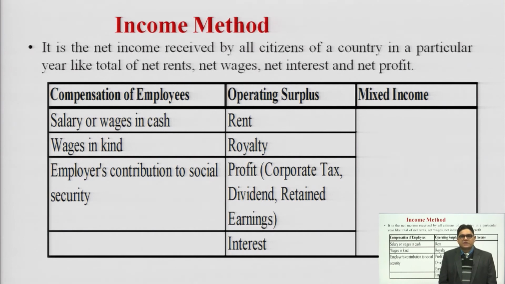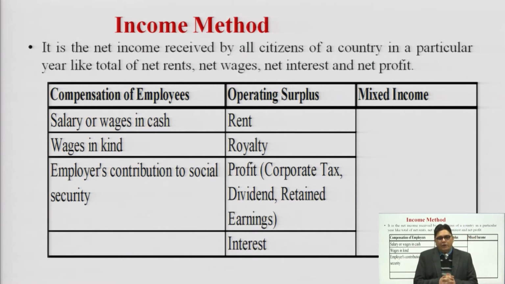Next is the income method. The income method is another way, another method by which we can calculate the national income. In the income method, we calculate all income earned by the citizens of a country. If the income earned by all citizens of a country can be added together, the national income can be calculated.